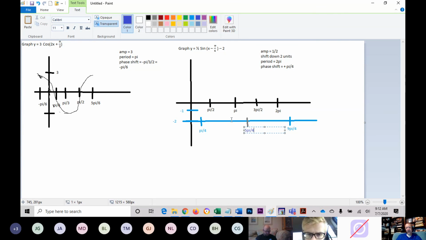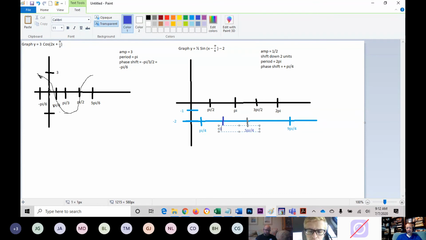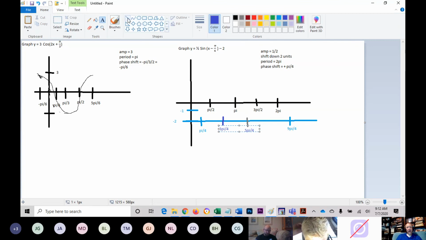Yeah, that's a little bit easier to see. And then this is going to be pi halves plus pi fourths, which is 3 pi fourths. And then this is going to be 6 pi fourths, which is 3 pi halves.